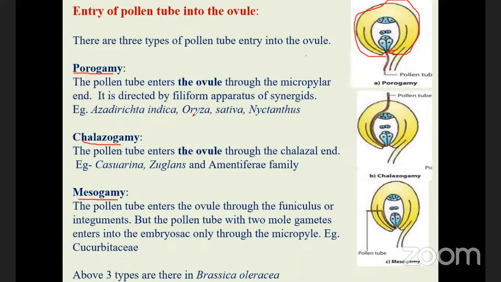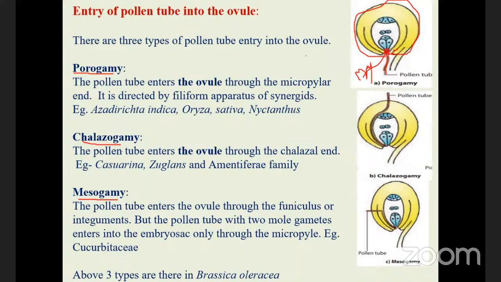Usually, the pollen tube reaches the ovule through the micropylar end, the opening space of the ovule, that is the micropyle. The micropylar end is the commonest.